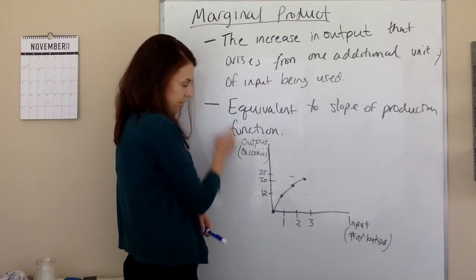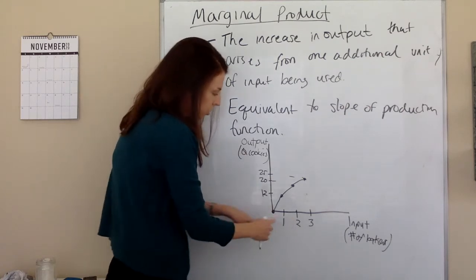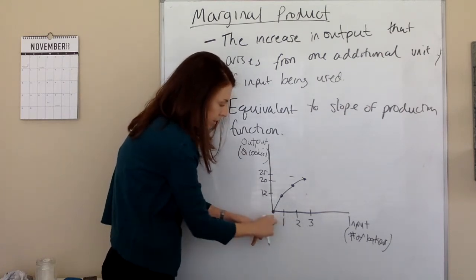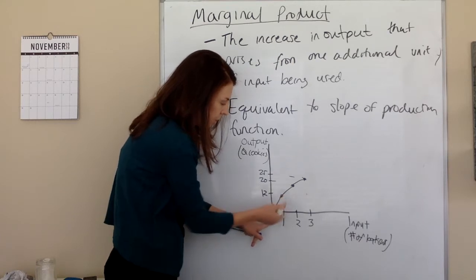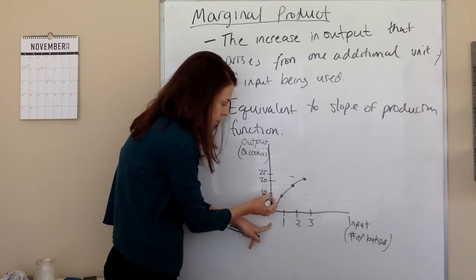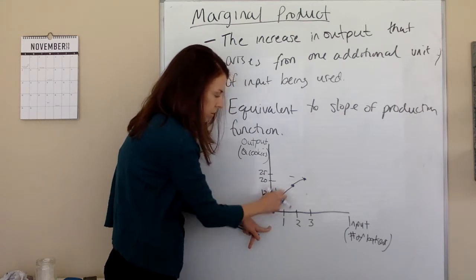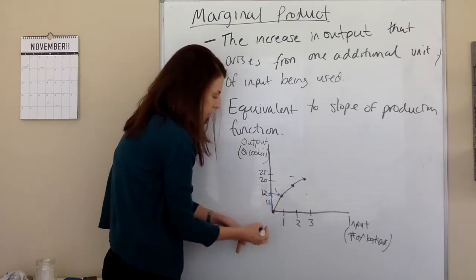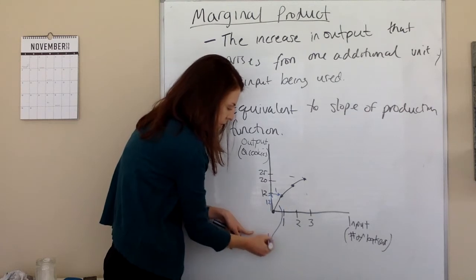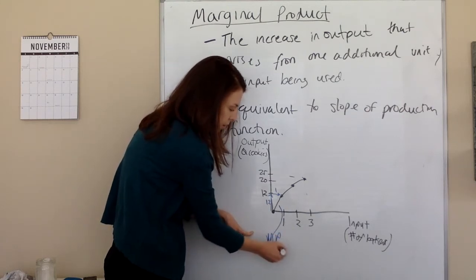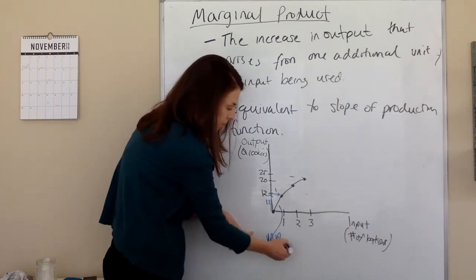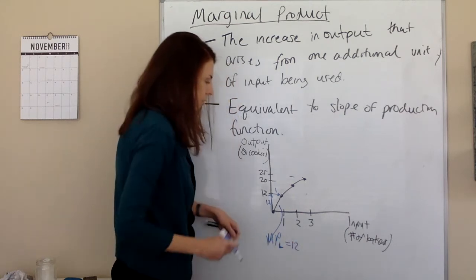This needs to be equivalent to the slope. If you go from this dot to this dot, you are rising 12 and you're running 1. So the slope of this little segment is 12. That means the marginal product of labor is equal to 12.